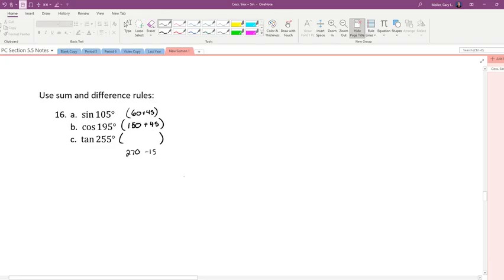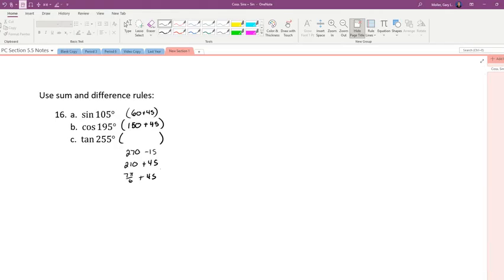So what are we going to do here? 270 minus 15, let's try an addition instead. So 210 plus 45, and 210 is 30 times 7, so this is 7 pi over 6. So yeah, we are good to go. We have our ways of getting to each number.